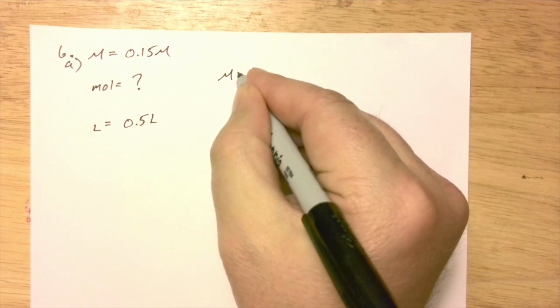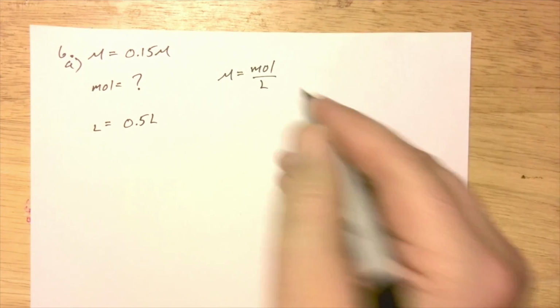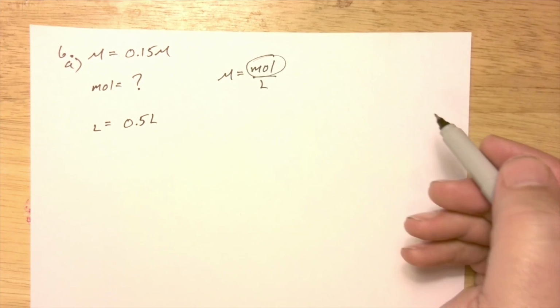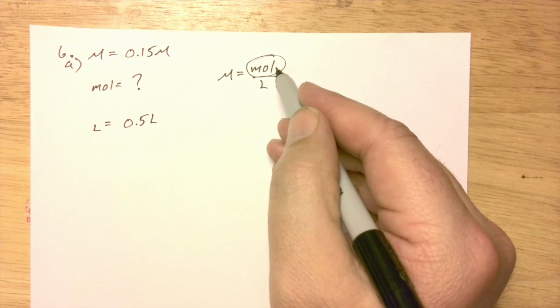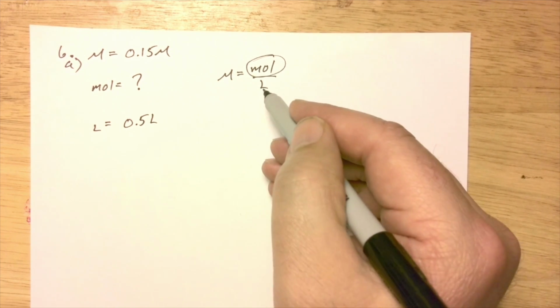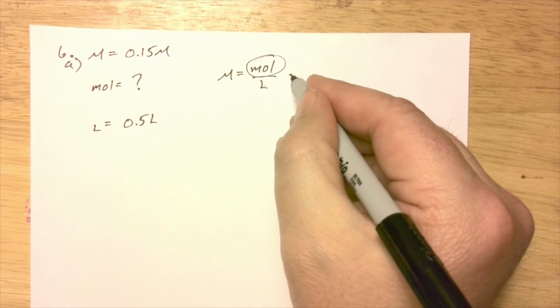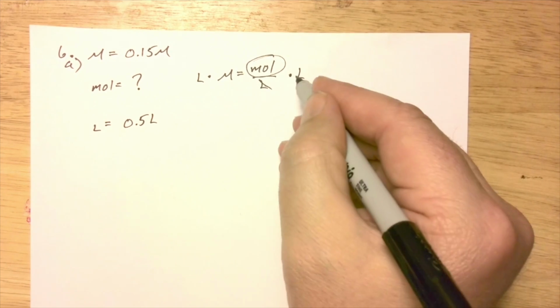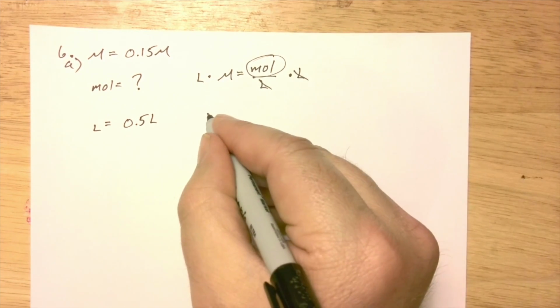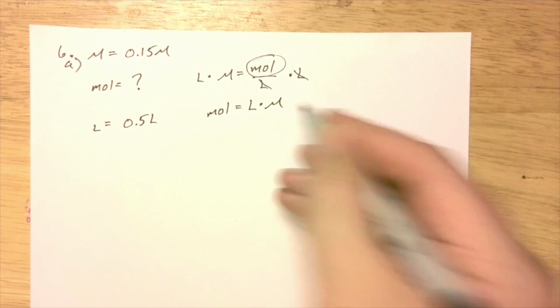So molarity is equal to moles per liter. We want to know how many moles there are, so we want the unknown to be on top and by itself. It's already on top, but it's not by itself, so we need to get rid of the liters. You need to multiply both sides by liters. Liters will cancel out, so you end up with moles equal to liters times molarity.